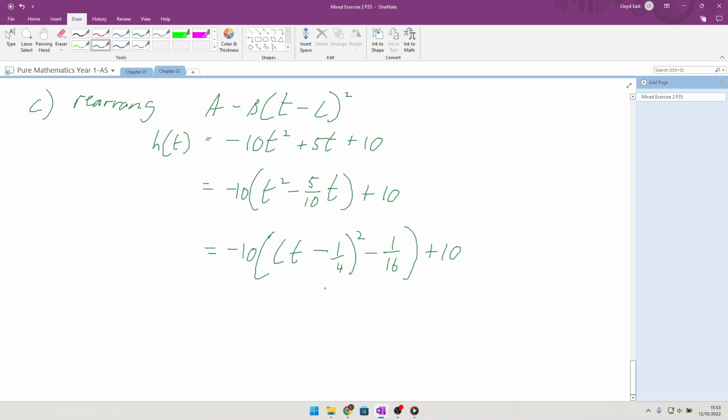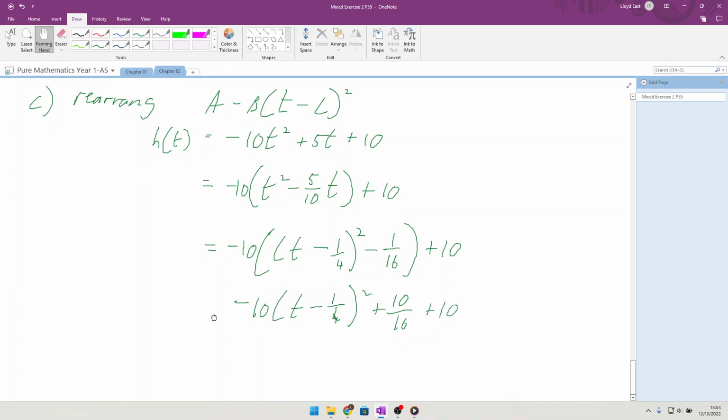Okay, so multiply back through by the minus 10, so we get minus 10 times t minus a quarter squared plus 10 over 16 plus 10.